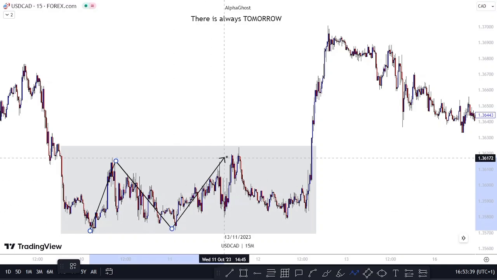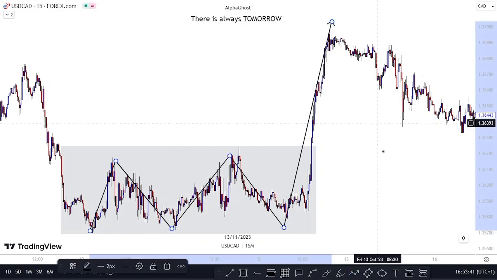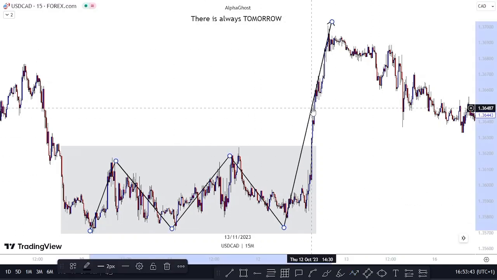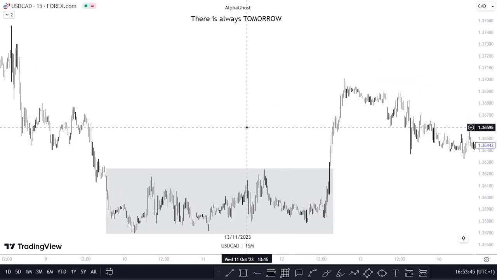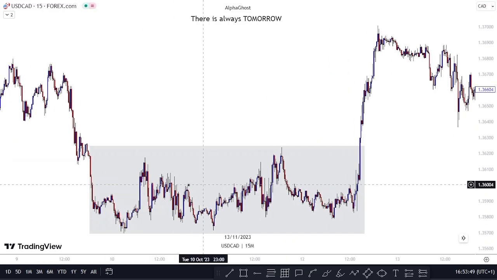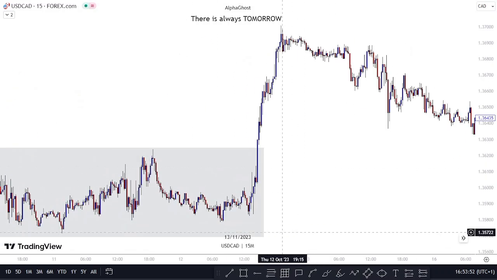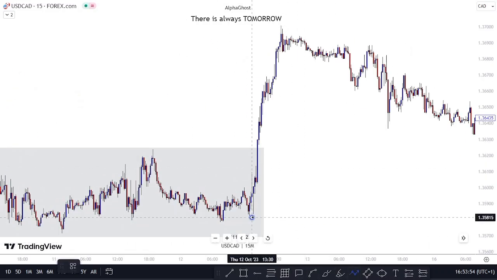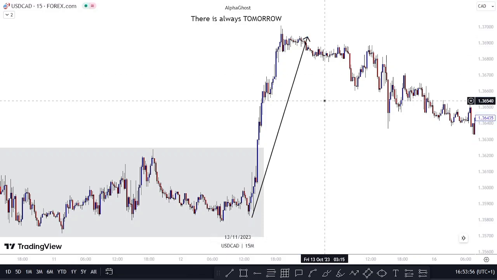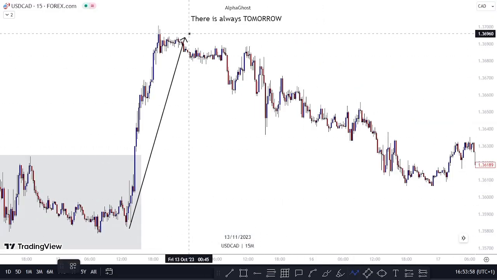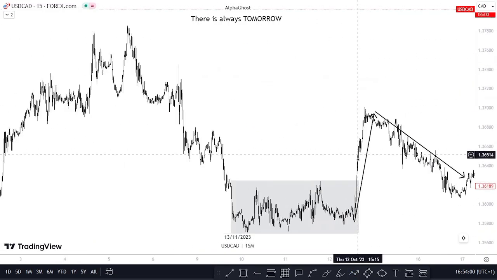Price is just accumulating to know where it will go next. I'm going to talk about accumulation, manipulation, and distribution at a later date as well. This is just your ranging market. And then what do we have next? We have your bullish market, price moving upward, and then we have our bearish market, price moving downwards.